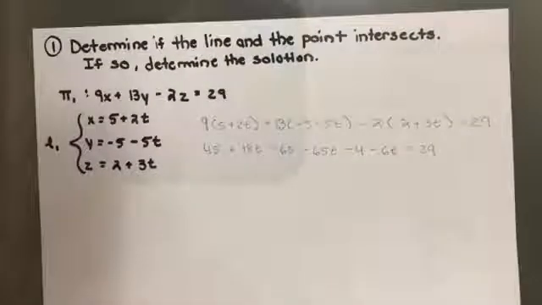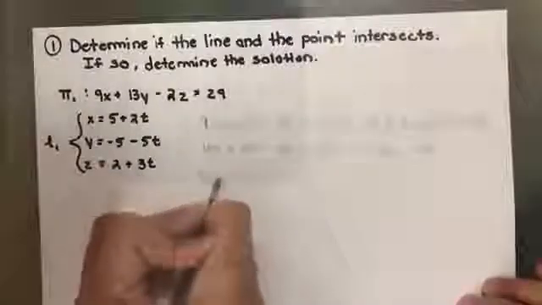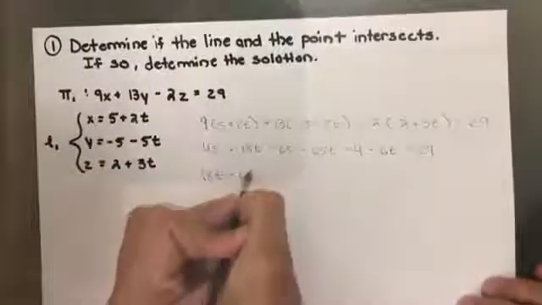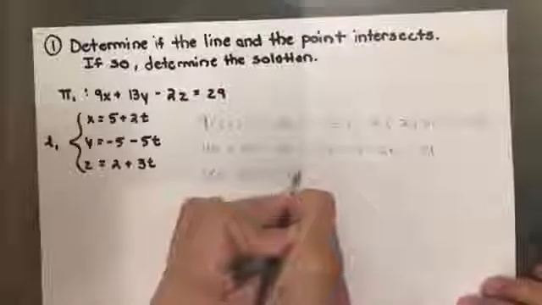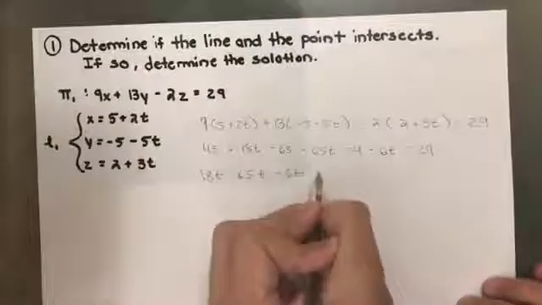Now the next step is, what I like to do and what makes it easier, is to put all the like terms together. By putting all like terms together, you can easily see what you can add up together. So we could say 18t minus 65t minus 6t equals 29.